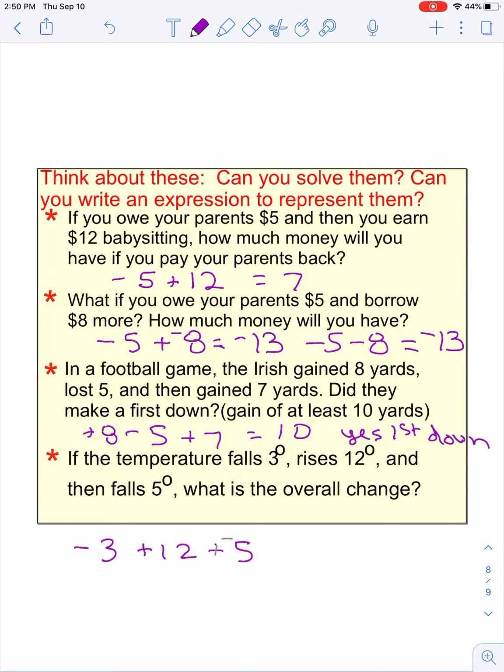So -3, or 3 below 0, now you add 12 degrees. That gives you 9 degrees. And now you're adding that -5, which gives you 4 degrees overall. The overall change in temperature is +4. So that is the end of Basic Skills Day 2.